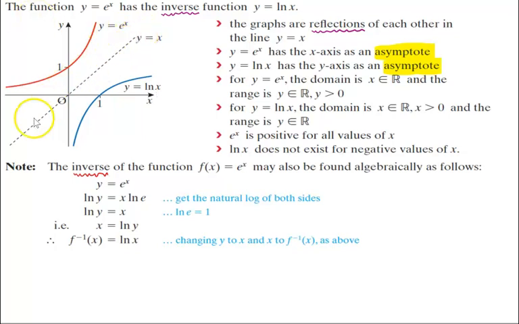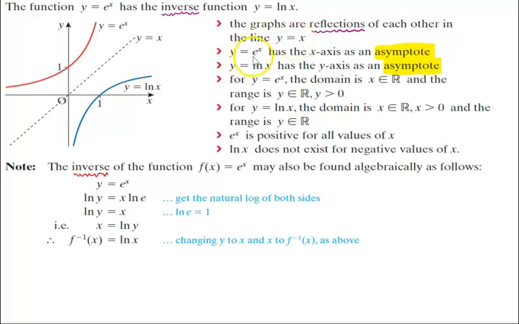And again, we have the same mirror line as we did in the previous slide with the other graph. They look very similar, but they're not the same graphs. The function y is equal to e to the power of x has the inverse function y is equal to ln x. The graphs are reflections of each other in the line y is equal to x.